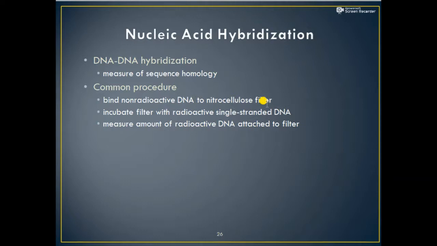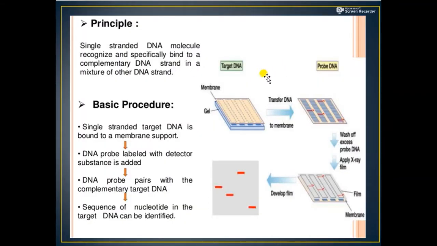Then you check the amount of radioactivity. Based upon this, if the radioactive DNA and the non-radioactive DNA can bind with each other, it indicates that they have some similarity. So you can say whether the two organisms or the two DNAs which you have taken are related to each other. This is the depiction of it. So you have your target DNA.